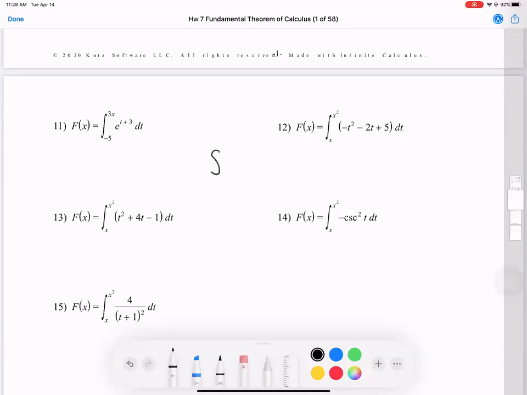So we can come up with from x to some constant c, f of x, well, let's say capital F, and then we're going to just copy it, negative t squared minus 2t plus 5 dt, plus from c to x squared, where c is someplace between x and x squared. There's some constant. Then negative t squared minus 2t plus 5.